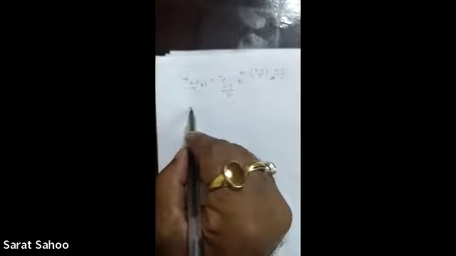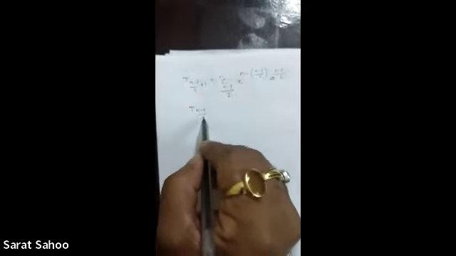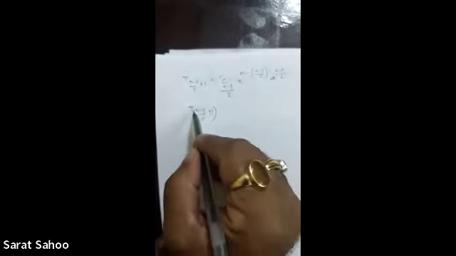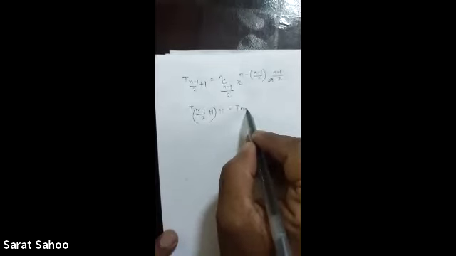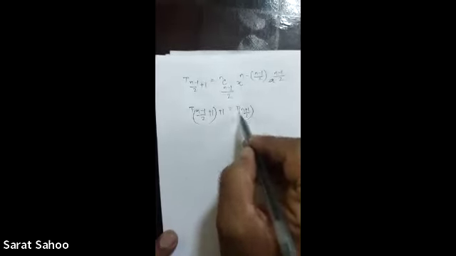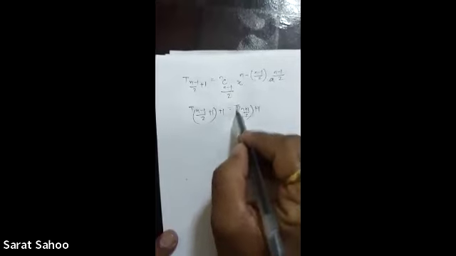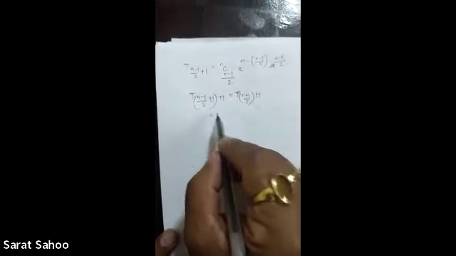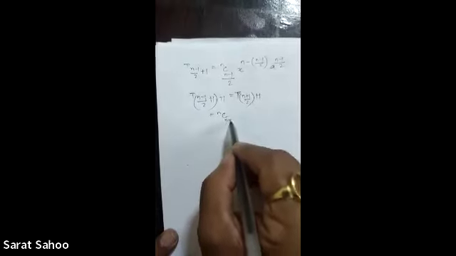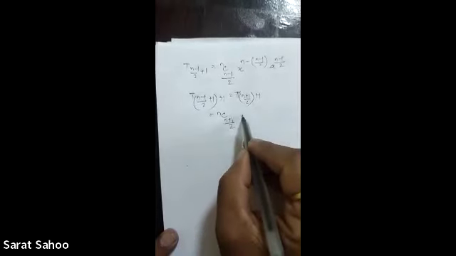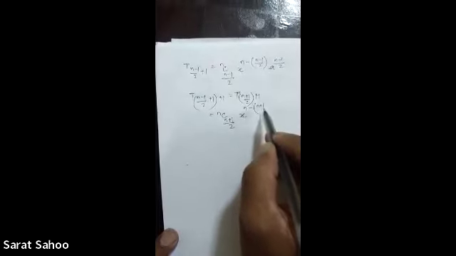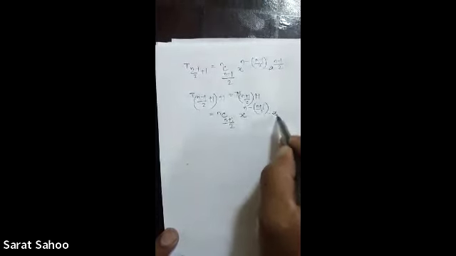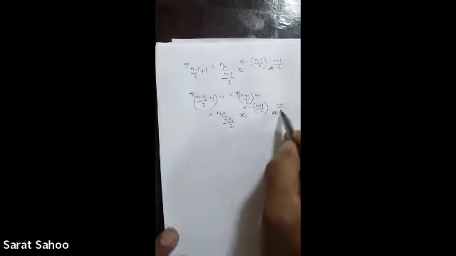And the second middle term is T_{(n minus 1)/2 plus 1 plus 1}, which is equal to T_{(n plus 1)/2 plus 1}. This is equal to nC((n plus 1)/2) x^((n minus 1)/2) a^((n plus 1)/2).